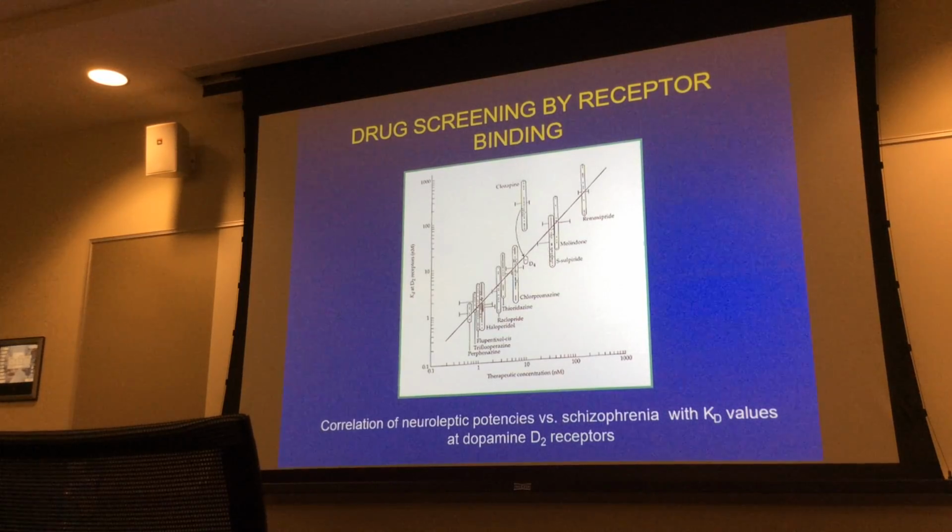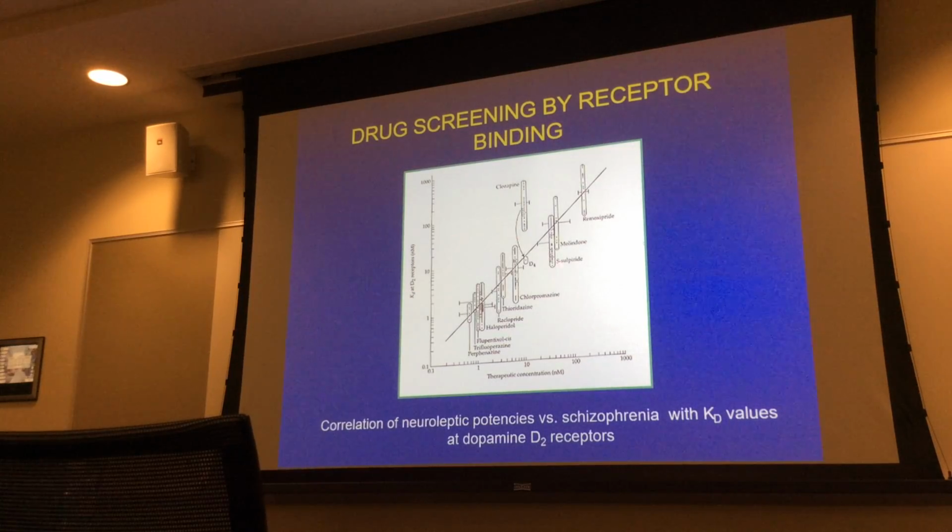And not only that, for these drugs, we understand where their side effects occur. So side effects of neuroleptics occur when they're binding to cholinergic receptors, when they're binding to noradrenergic receptors, like alpha receptors. There are a variety of receptors that mediate negative side effects for these drugs.